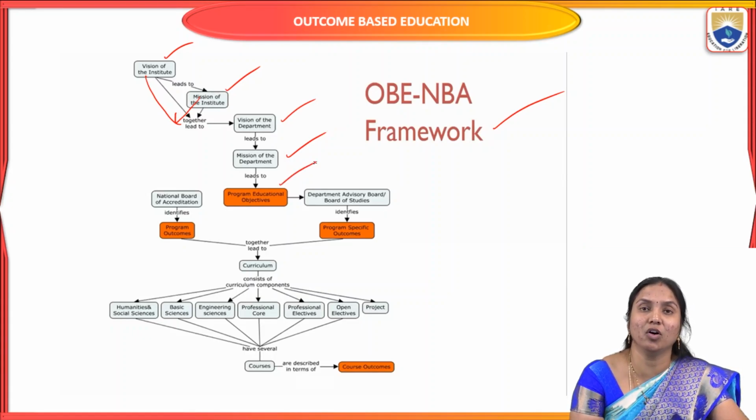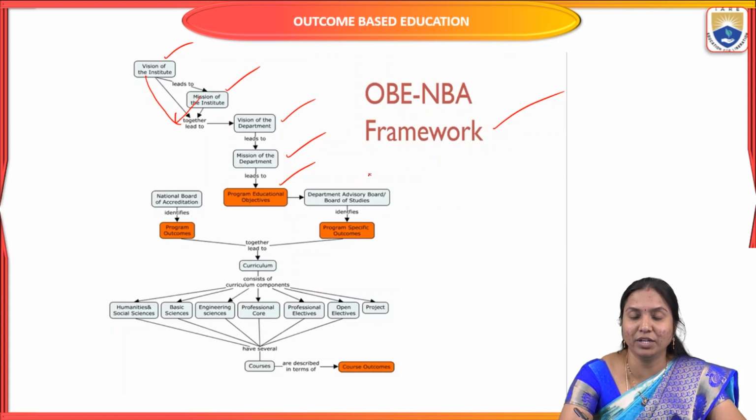The mission of the department leads to program educational objectives, generally prepared by the HOD: what the students are able to do 4 to 5 years after completion of this program.